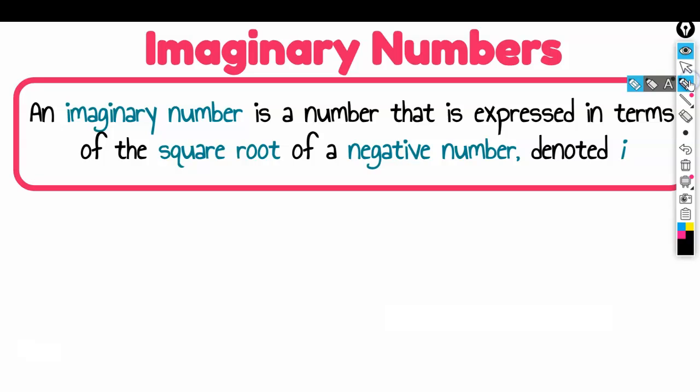So here you have your definition. An imaginary number is a number that is expressed as the square root of a negative number, and we call it i. i for imaginary.